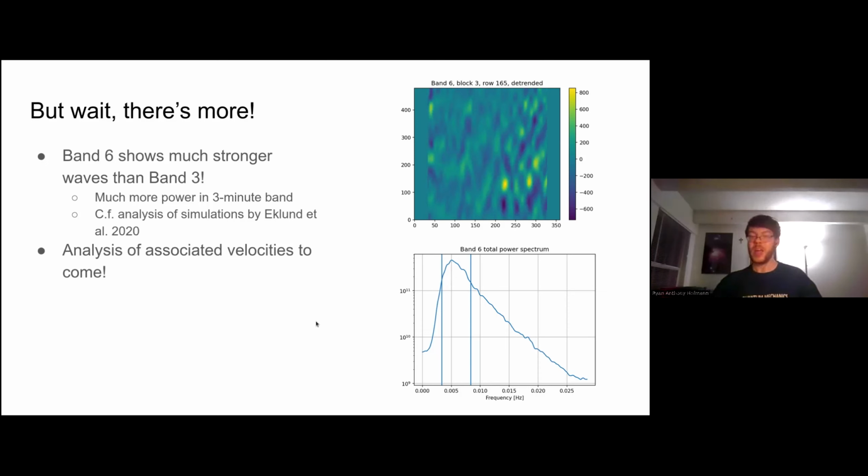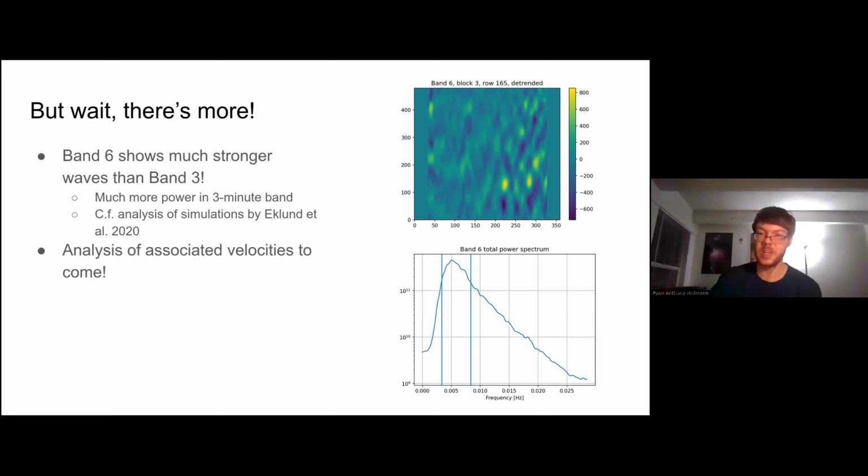This is kind of interesting initially, because this was also predicted by analysis of simulations, which found that the band 6 should, in fact, more or less ride the leading edge of these steepening waves and more strongly respond to these shocks, these temperature oscillations.